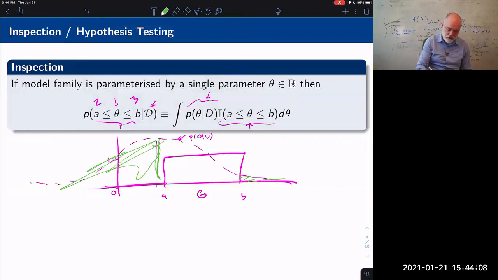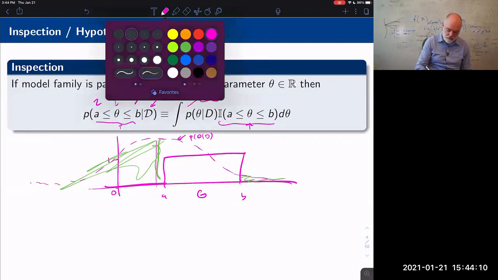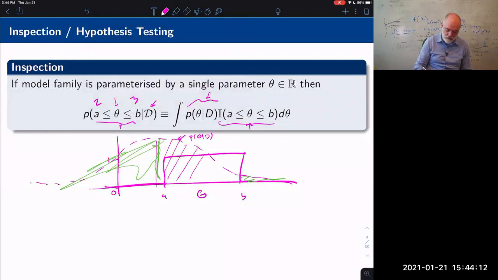And what you're really computing is the area under the curve here, which is, of course, when you have a density function, the probability that a parameter value lies in some range. Okay, cool. How come the delta notation isn't used?